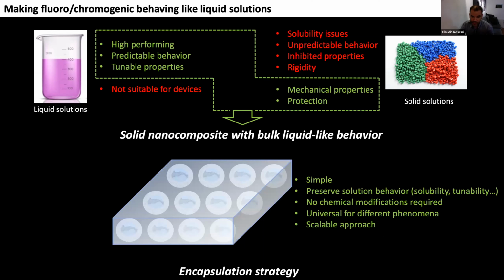And I'll show you later during this presentation that this strategy is quite simple. It is universal. It can be used for different materials and usually doesn't need to functionalize or chemically modify the dyes or the polymer materials.